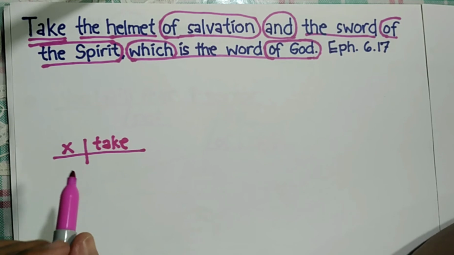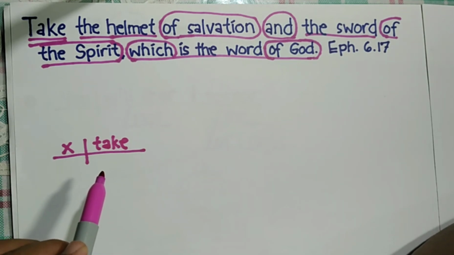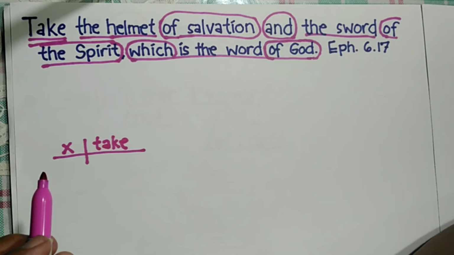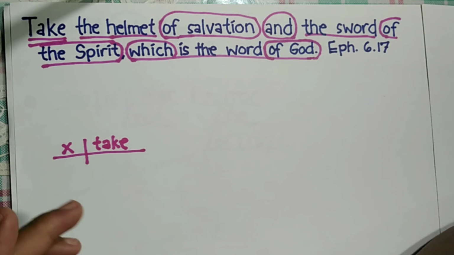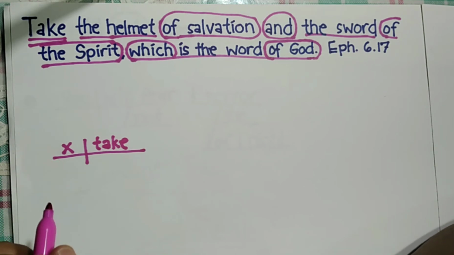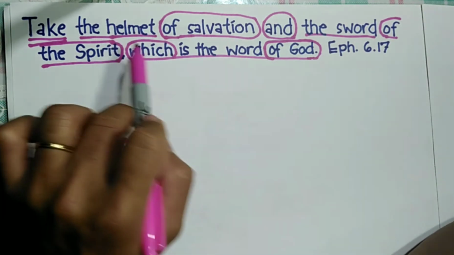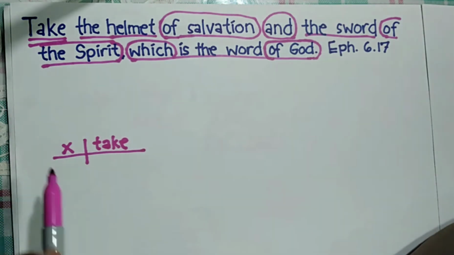Now let's continue. The verb is take, and then we have how many direct objects? Kindly identify how many direct objects we have here. Very good. We have the helmet of salvation, and we have also the sword of the Spirit.